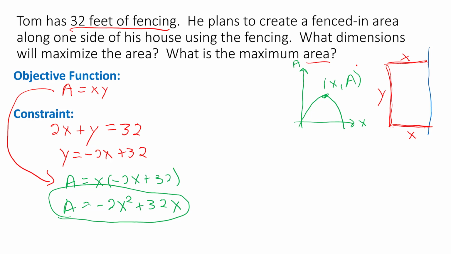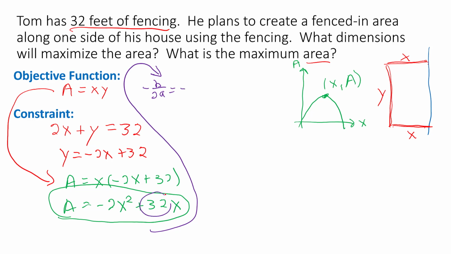Well, let's use negative b over 2a. We could also factor if we wanted to and put this into the standard form. Okay, so let's go up here. If I want to find the x-coordinate of the vertex, let's try negative b over 2a.